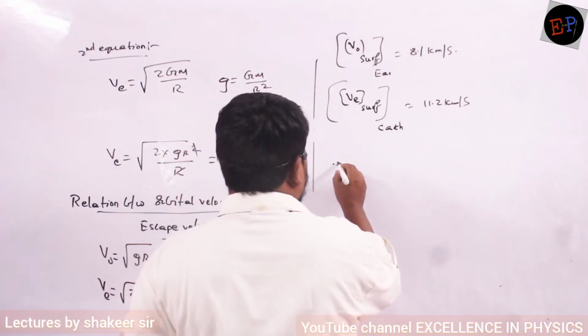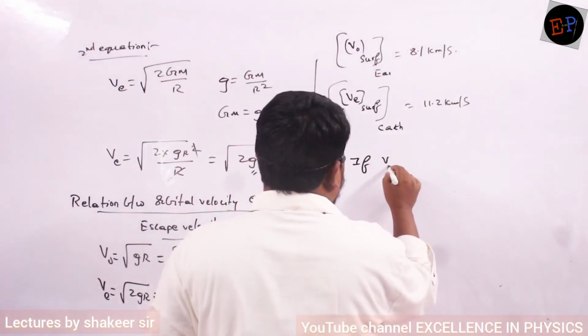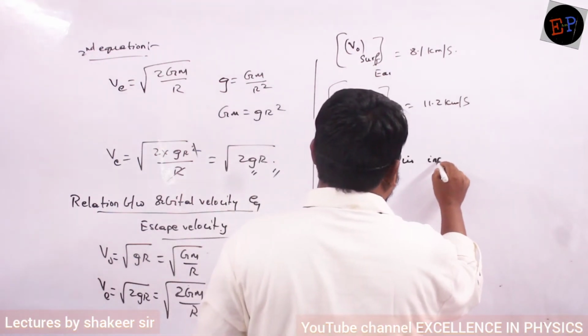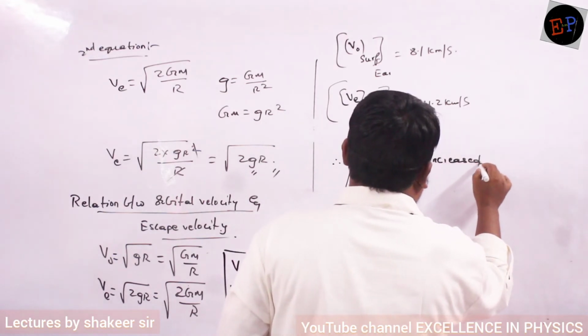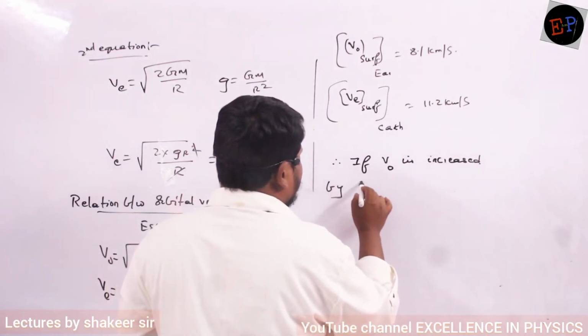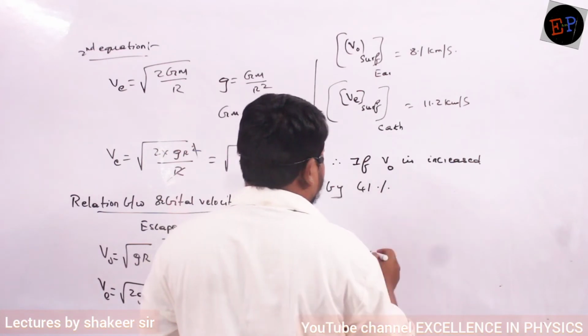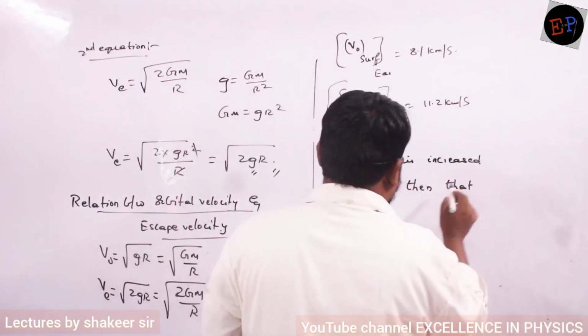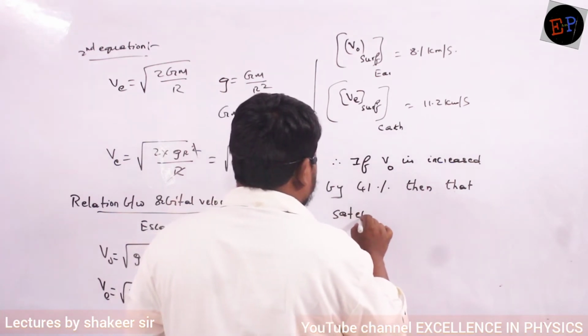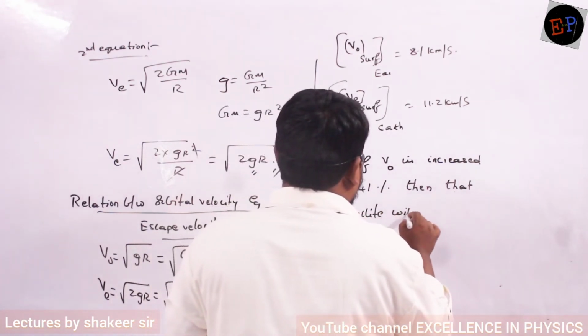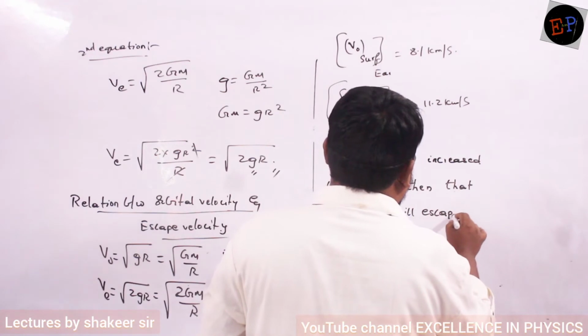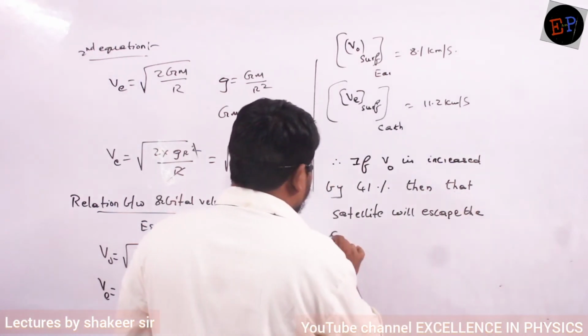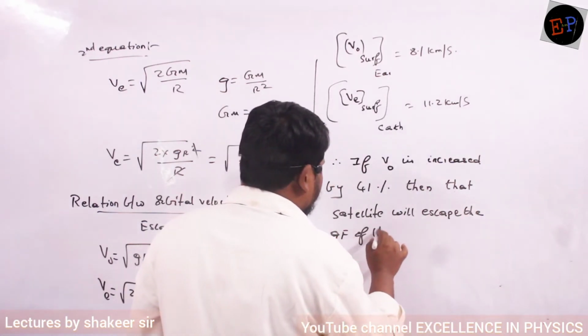Therefore, we write: if orbital velocity is increased by 41%, then that satellite will escape the gravitational field of the planet.